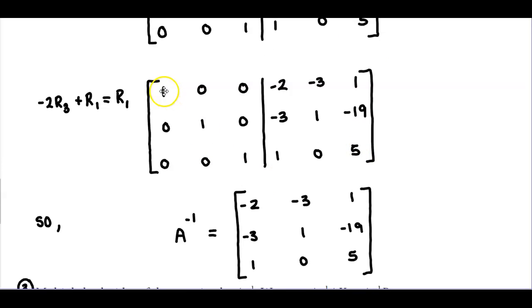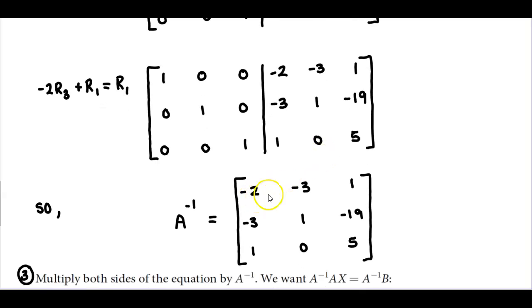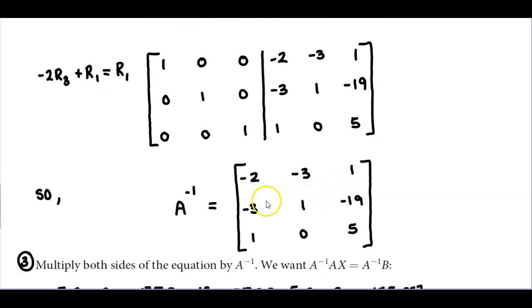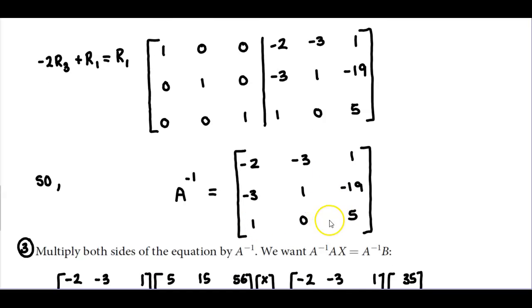So now that we've accomplished our goal by getting the identity matrix on the left side, we have a diagonal of 1s and 0s everywhere else. Then our right side becomes the inverse of matrix A. And our inverse is going to be negative 2, negative 3, 1, negative 3, 1, negative 19, 1, 0, and 5.